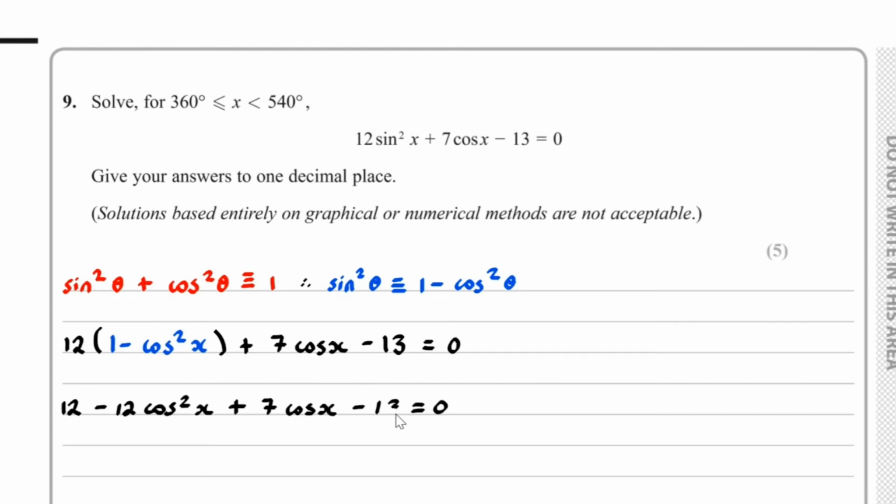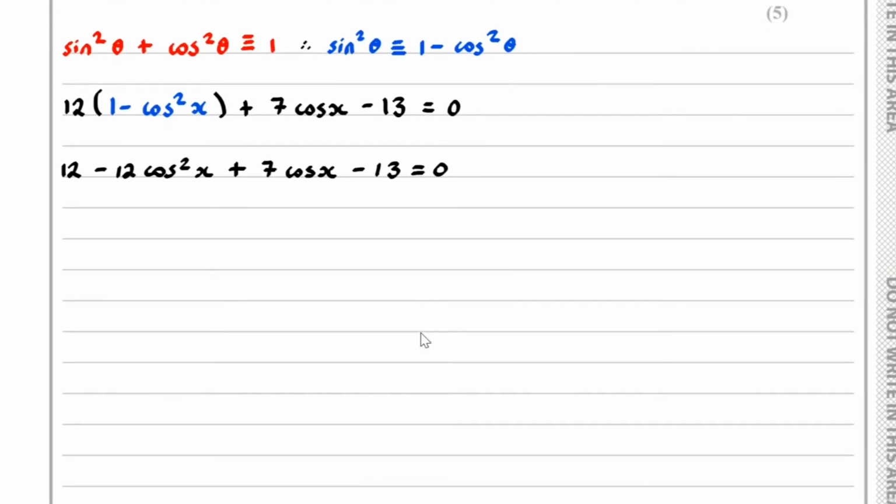And if I simplify all this equation, we end up with 12 cos squared x minus 7 cos x plus 1 equals 0.